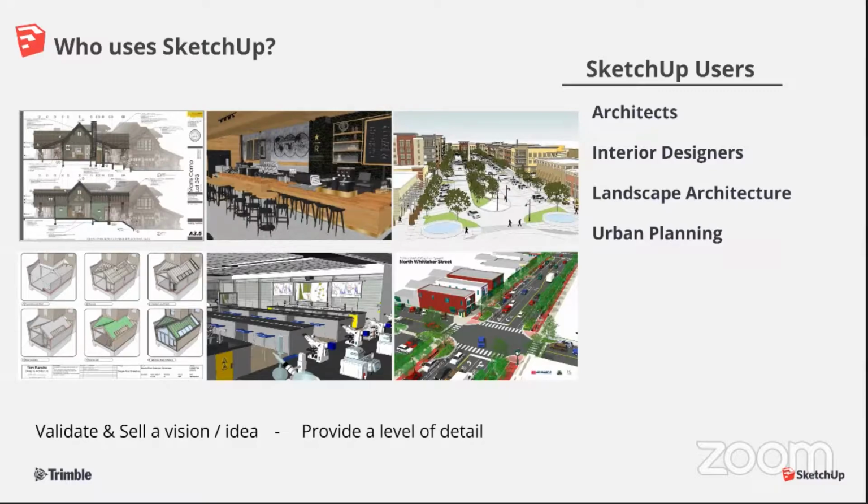Secondly, it also makes it very easy to provide levels of detail. Because it is so flexible, you can create a very big project, even on a city scale, and then actually include very fine detail where you want to. So for facade design, perhaps, or any other element of the design.